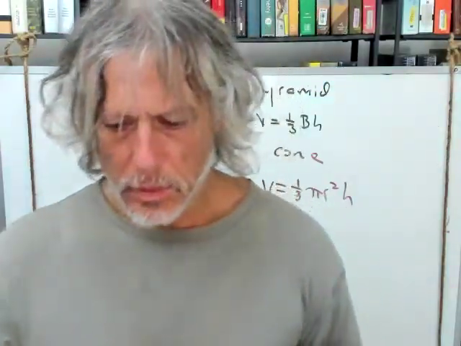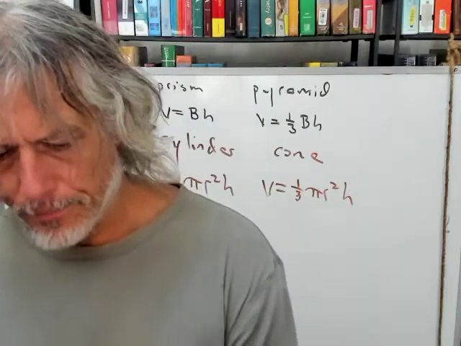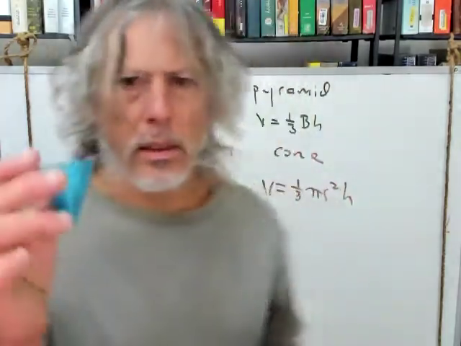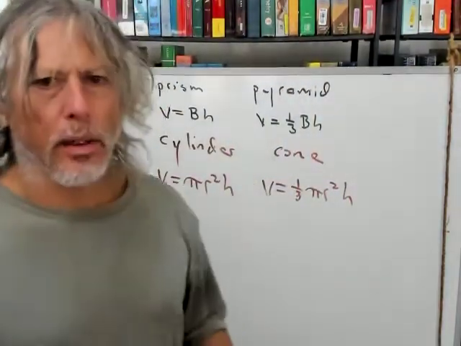Same circle. So I'll use half of this. So I'm going to take the bottom off. All right, so we're going to see what goes with this. We already know that this is 1/3 pi r squared h.